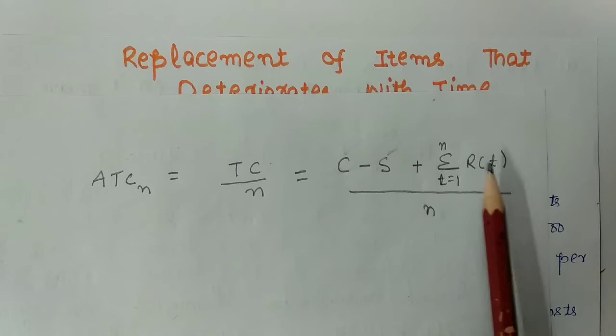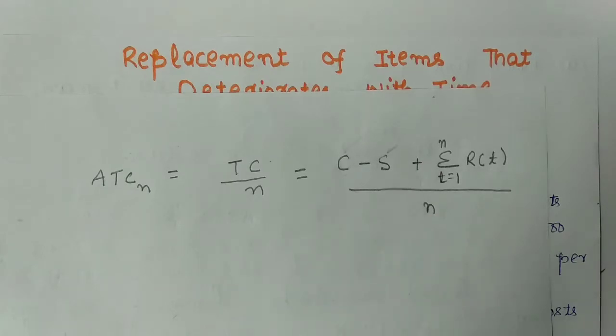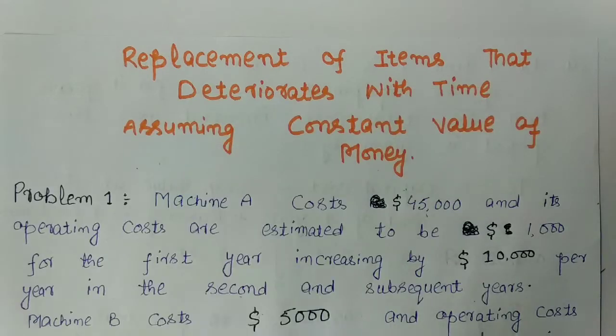This summation denotes the total running cost or cumulative running cost, divided by N, where N represents years of service. So all these things are needed to obtain the average total cost. From the problem we will obtain all these requirements.